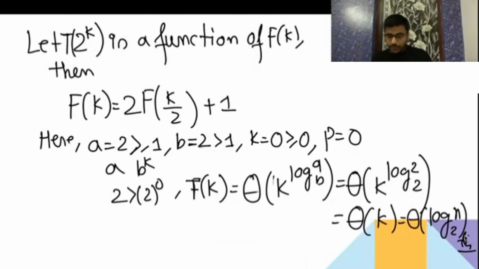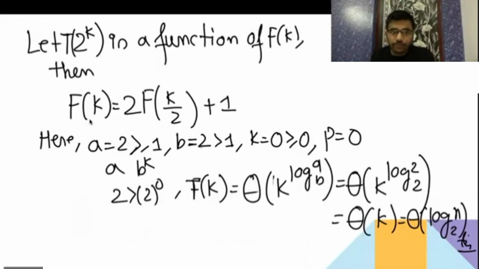So this is your ISRO question and GATE question. Understood? This kind of question they ask in GATE. You have to first convert it into the master theorem form. So you have to first assume n equal to 2 to the power something, then write that, and then assume that T(2 to the power k) is a function F(k).